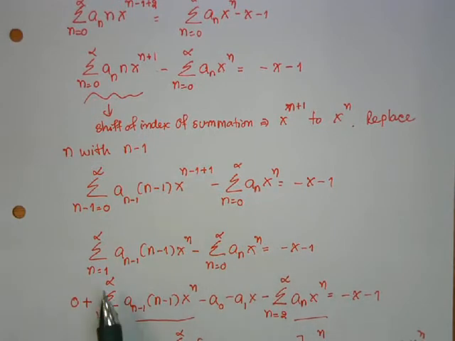Now you still cannot combine these two terms together, because the first term starts from n equal to 1 but the second term starts from n equal to 0. So you have to make the starting point the same.